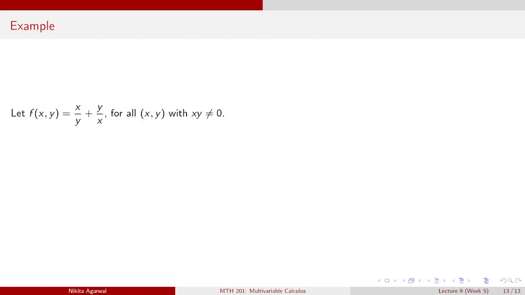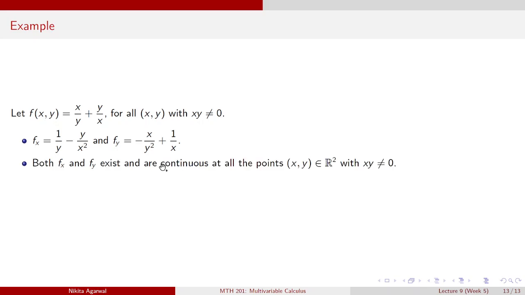Okay. So let us conclude this lecture with this example. Let f(x, y) be x by y plus y by x for all x and y whose product is non-zero, right? Then only this function is defined. Then the partial derivatives are this. You can compute. Both of these exist and are continuous at all the points in the domain, right?